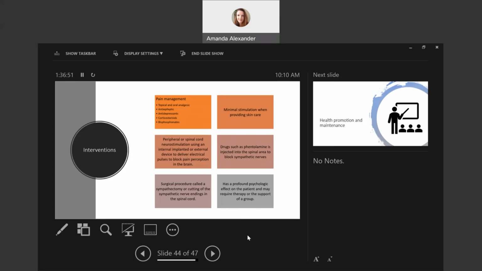Peripheral and spinal cord neurostimulation is used to deliver external or internal electrical pulses to block pain. When a patient has chronic pain issues, say for instance, they've had a spinal cord injury or they've had a fracture in the spine, they may end up with an implantable device that helps remove some of that pain stimulus from the nerve.